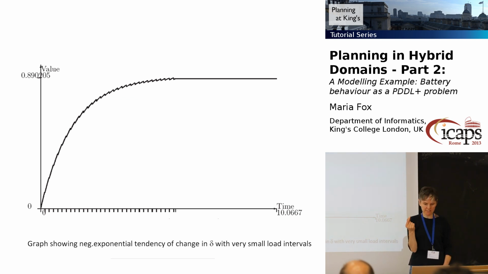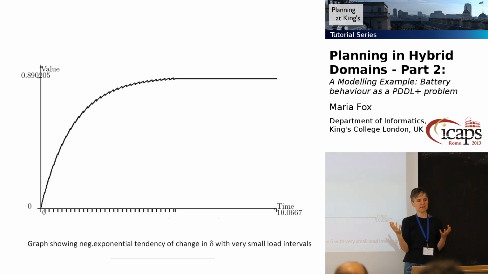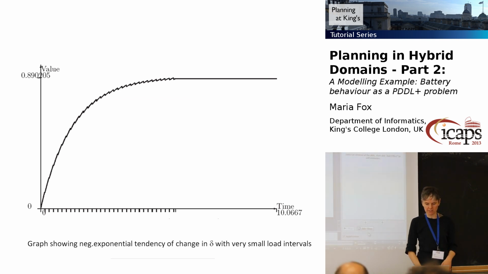And the smaller the load periods are, the smoother that behaviour becomes. So these graphs correspond to the actual engineering data for the batteries, so we know we have modelled correctly the behaviour of the battery and captured it in the process.